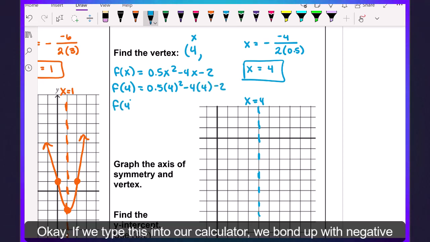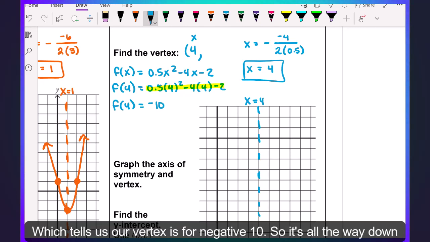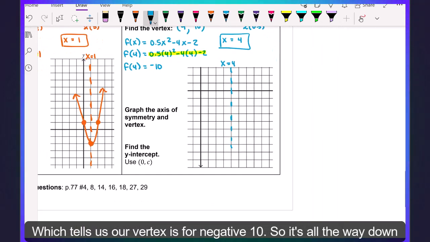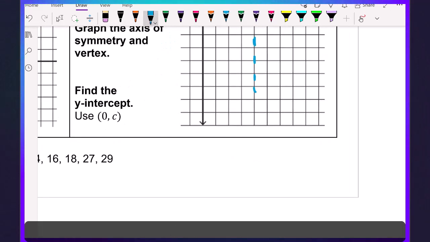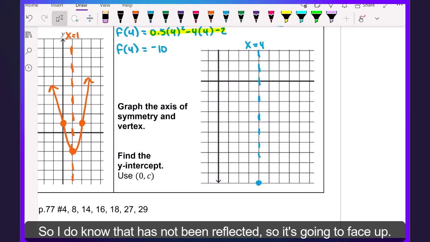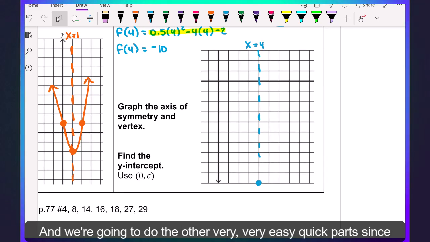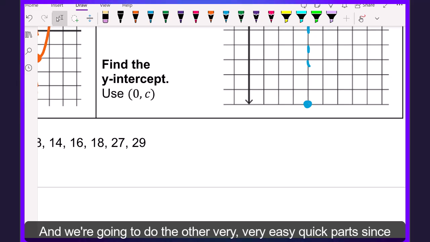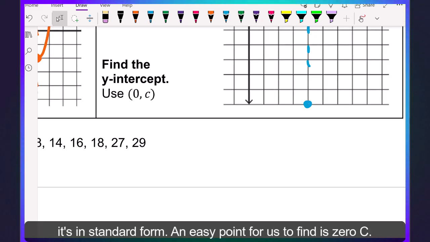Okay, if we type this into our calculator, we wind up with -10. Which tells us our vertex is 4, -10. So it's all the way down here at the bottom of our graph. I do know that has not been reflected, so it's going to face up. And we're going to do the other very, very easy quick part since it's in standard form.